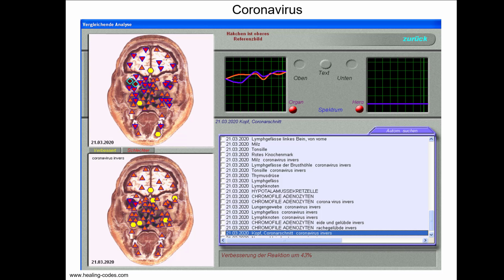The energetic improvement achievable by inversion correlates with the severity of the infection. At this point, the patient is visibly ill and shows the symptoms typical of coronaviruses, such as dry cough, sore throat, loss of smell, and general indisposition.